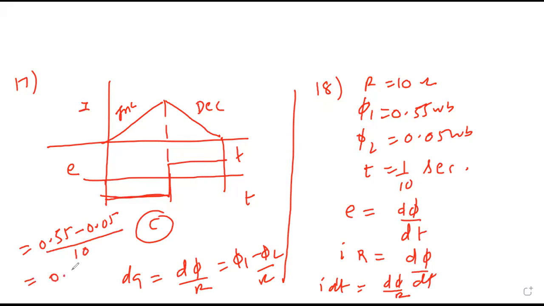So 0.50 upon 10, which will be 0.05 coulomb.